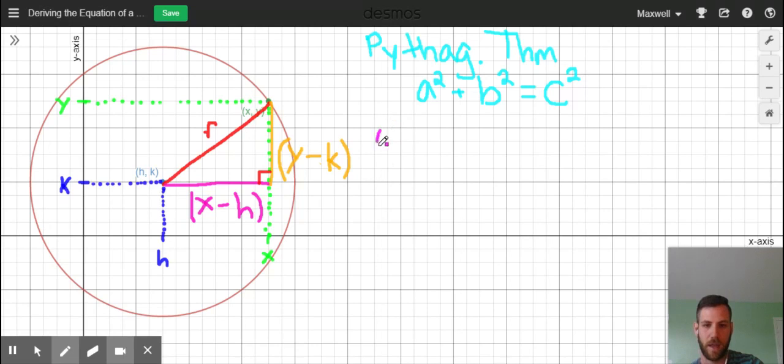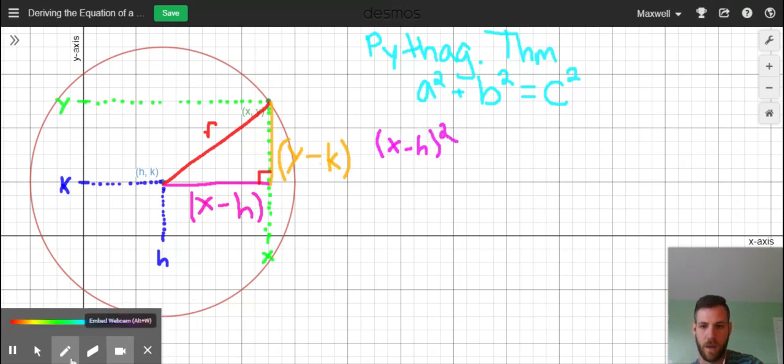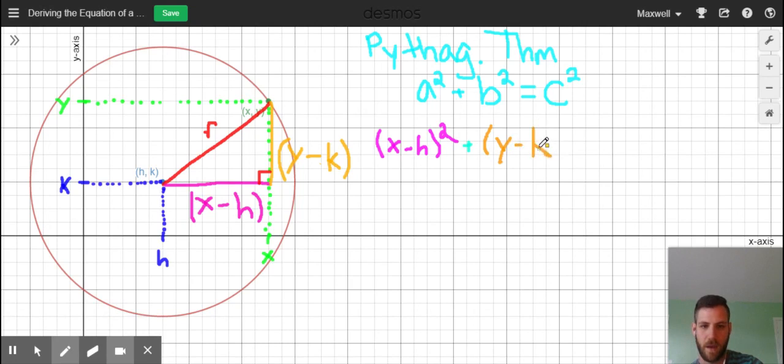So I could write that I have (x minus h) squared, and keep the rest of the formula the same, plus my (y minus k) squared in orange. And we know that is equal to our hypotenuse squared, which in this case, our hypotenuse is just the radius of that circle.